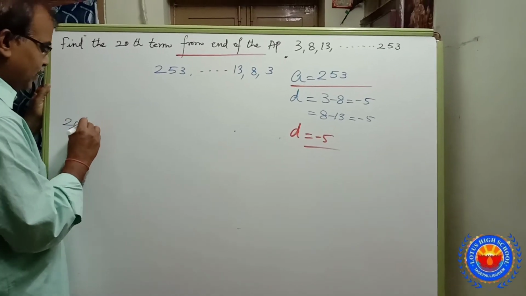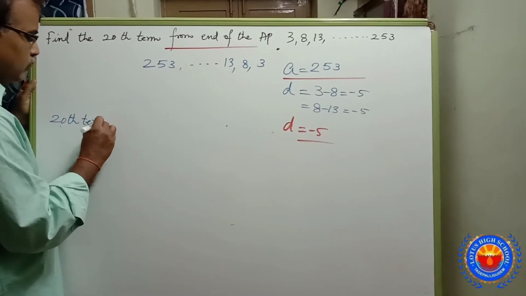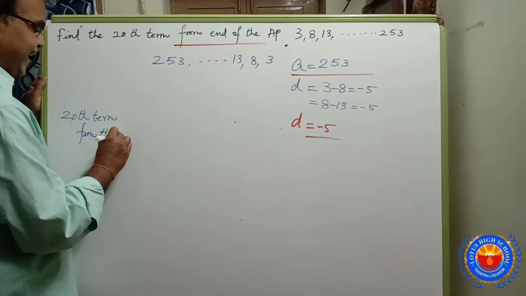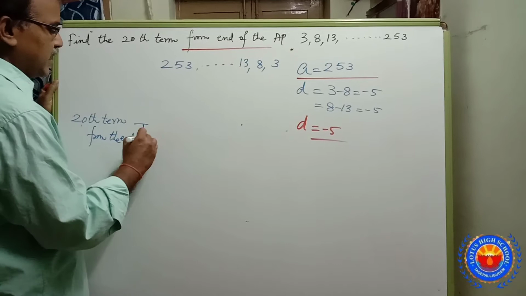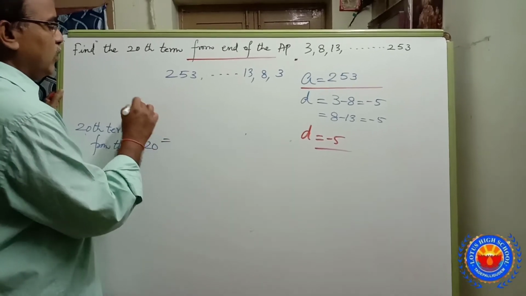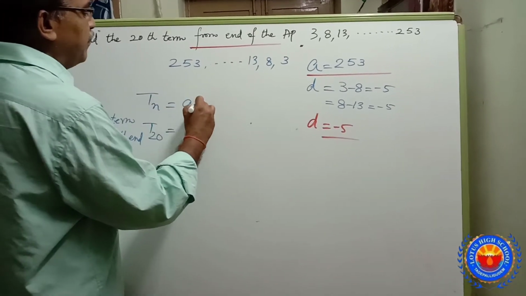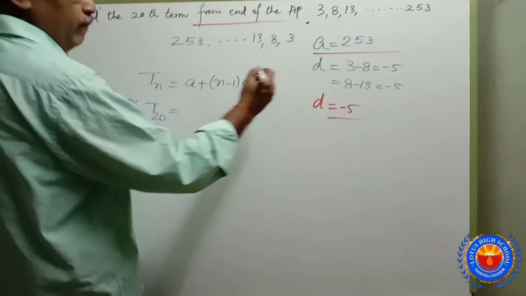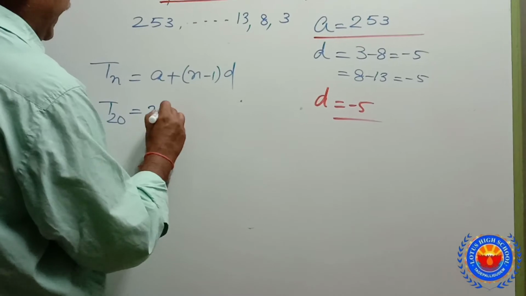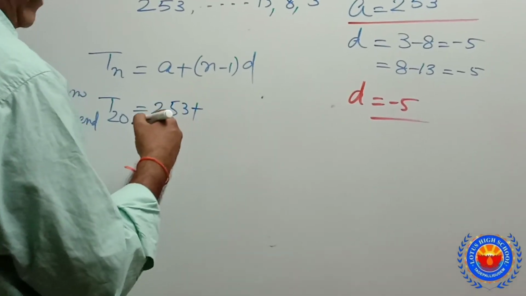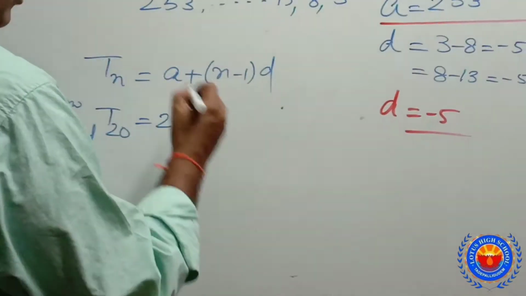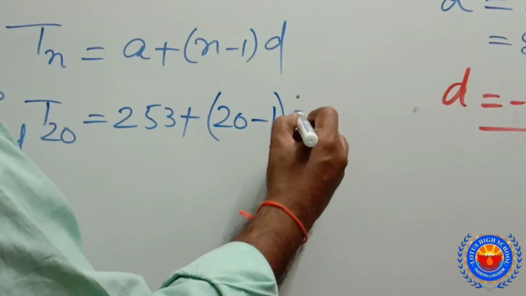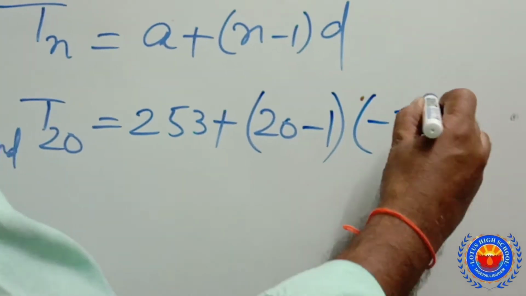20th term from the end. I am writing T20 instead of T_n. The formula is Tn equals a plus n minus 1 into d. Here a is 253, n is 20, so 20 minus 1 into d, which is minus 5.